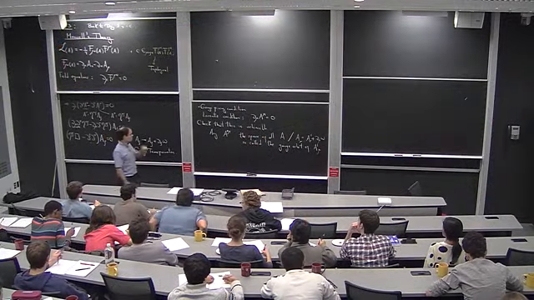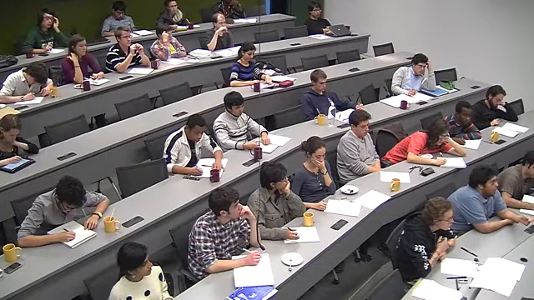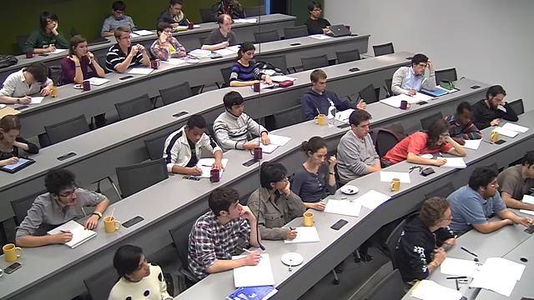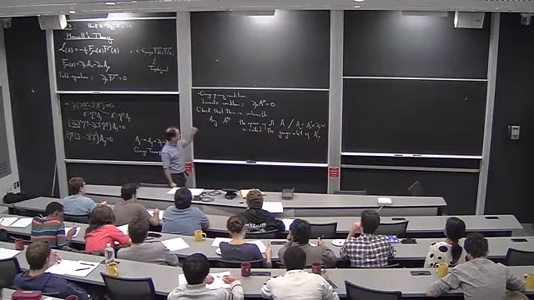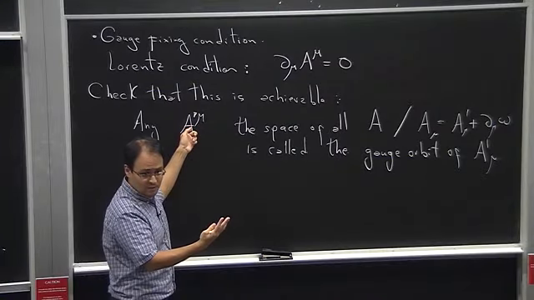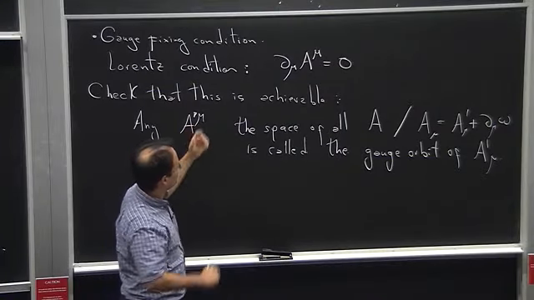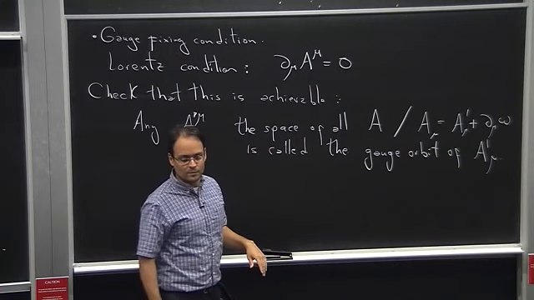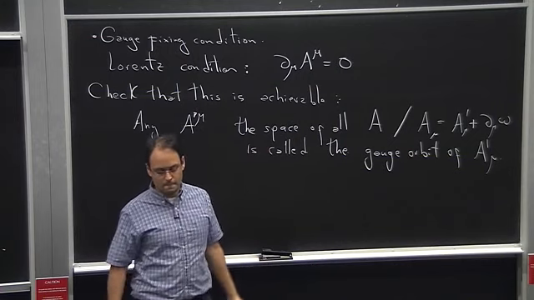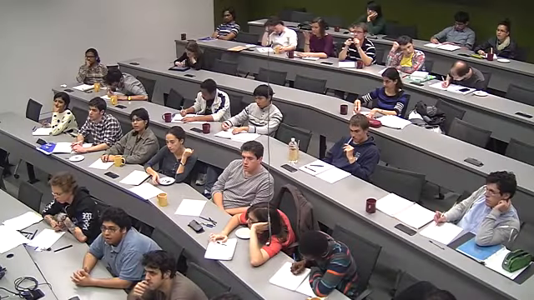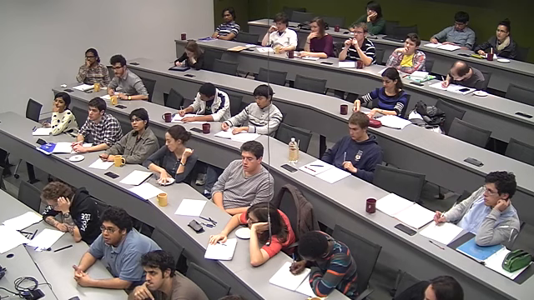I'm trying to fix a redundancy in my description by saying, well, given that any of these will give me the same physics, I'll try to make a choice. So can you not formulate everything without making that choice? Why is it important to make it?